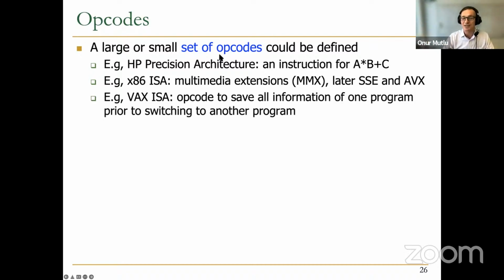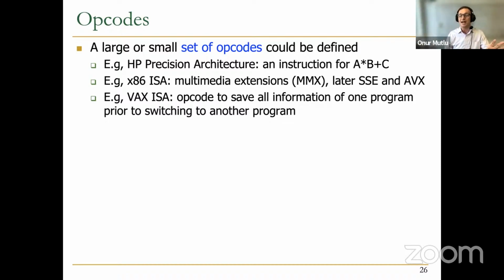Okay, VAX ISA, which was one of the most sophisticated and most complicated ISAs in the world. This is actually historical. This was a dominant ISA before x86, in the 1980s and late 1990s. It had an opcode to save all information of one program prior to switching to another program. Basically, this is an instruction called save context. It was saving the architectural state of one program to memory so that you can switch to another program.